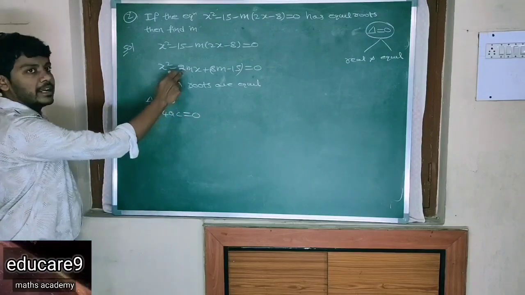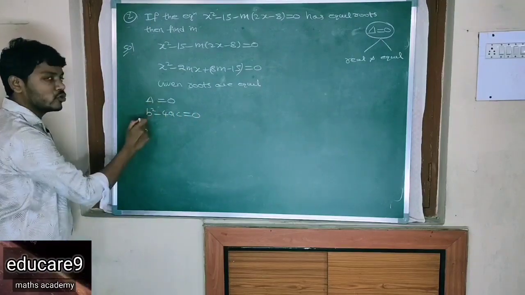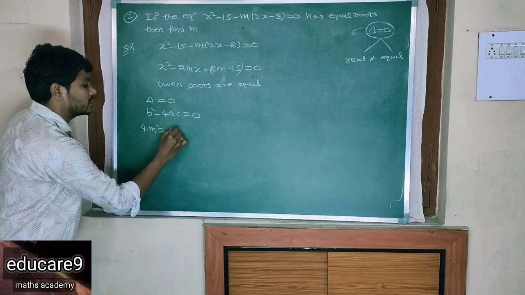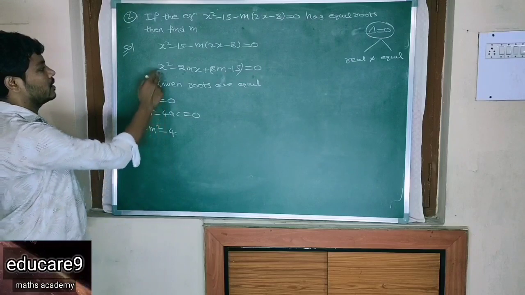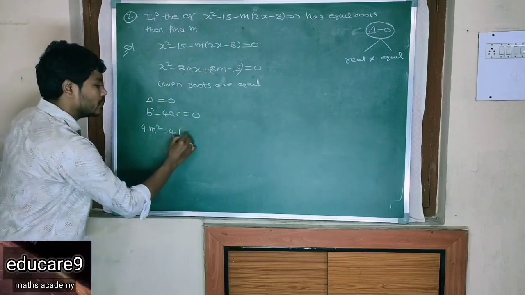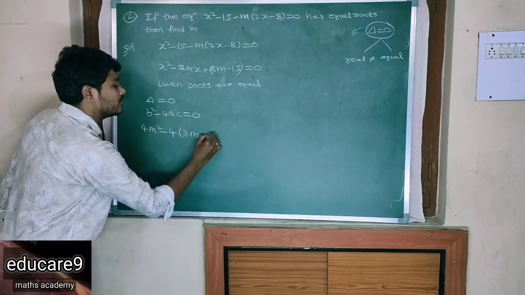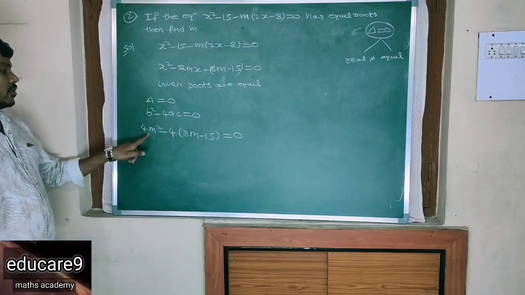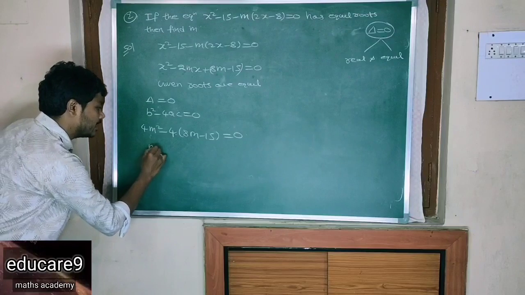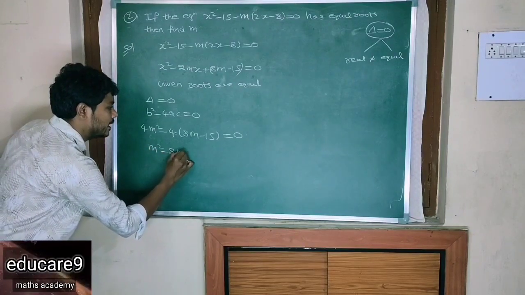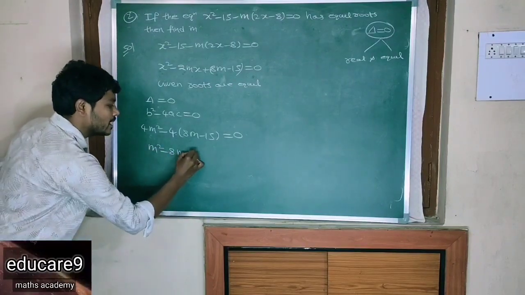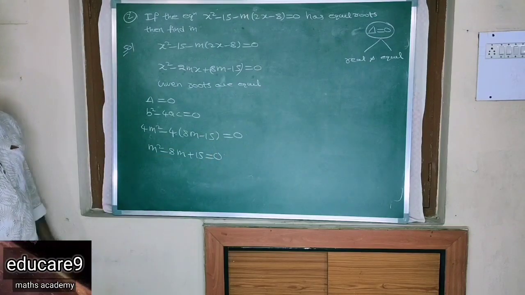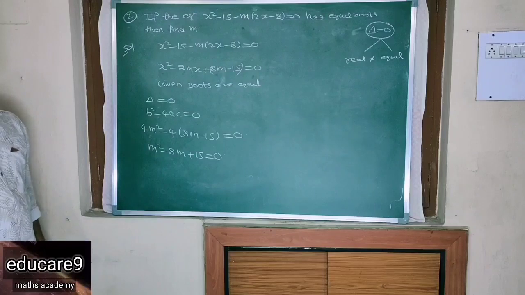That is b square minus 4ac is 0. So b value is minus 2m, that is minus 2m whole square you will get 4m square, minus 4 into a into c. So 1 into this one, you get 8m minus 15 is equal to 0. So here 4 is common. You get m square minus 8m plus 15 is equal to 0. Now we have to find the roots of this equation.